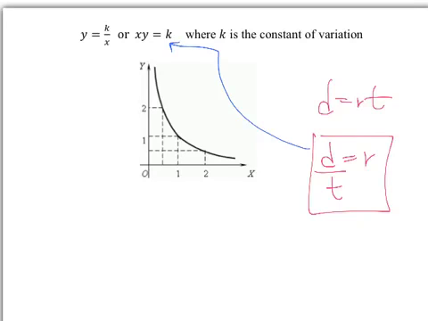Why is it important that xy equals k? What's the idea there? So, but what do you notice? If x increases in a product, what has to happen to the other number for this to be held constant? Yeah, it needs to decrease, right?